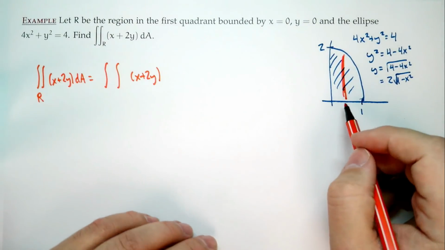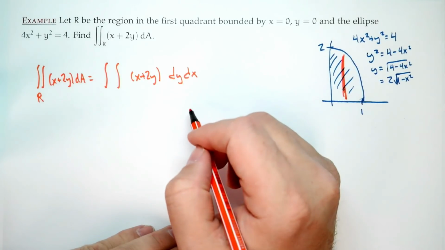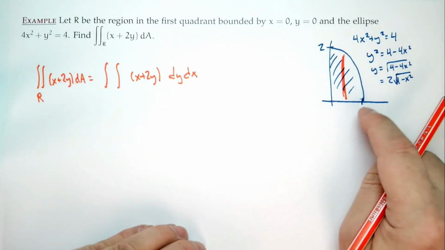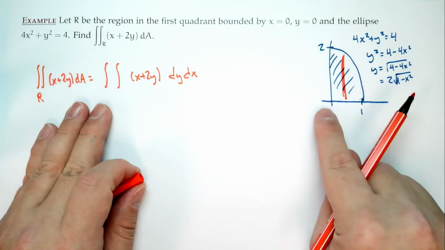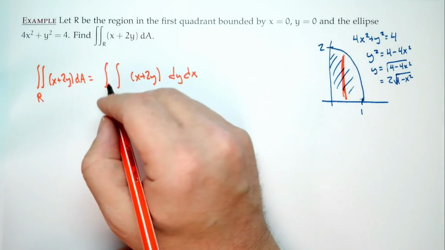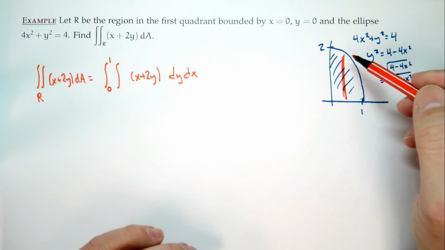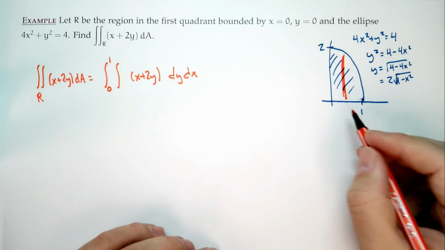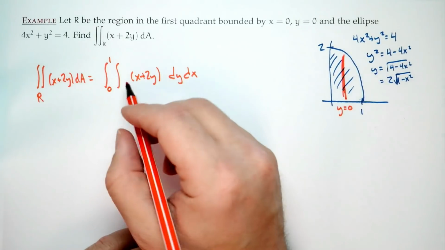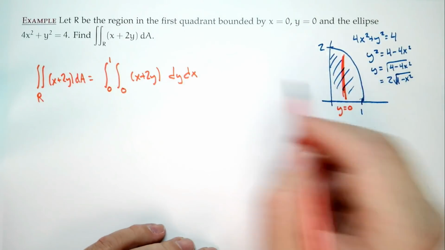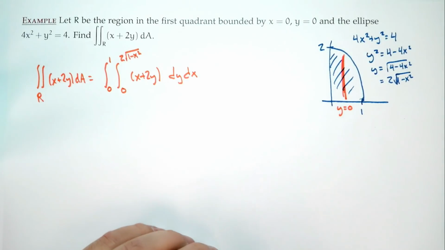This is going to be a dy dx type integral. And we say, okay, what's true about x? Well, x, that's our outer bounds, that's going from 0 to 1. What about y? Well, we're going from the two curves. So we didn't write this down explicitly, but now we have it. We're going from y equals 0 to y equals 2 square root 1 minus x squared.